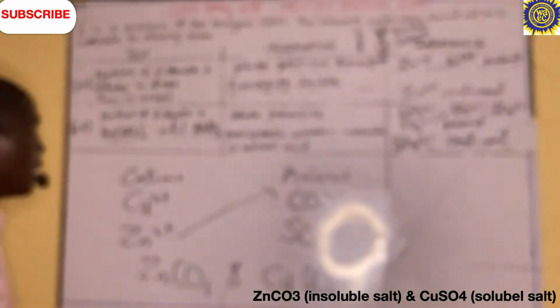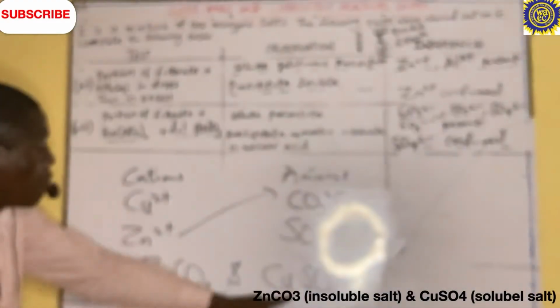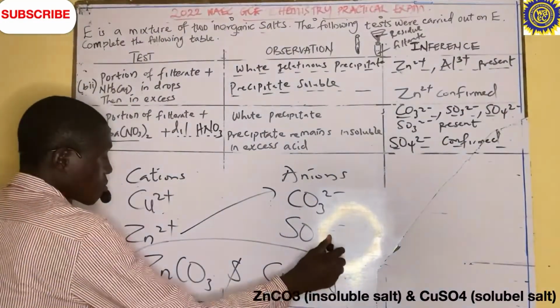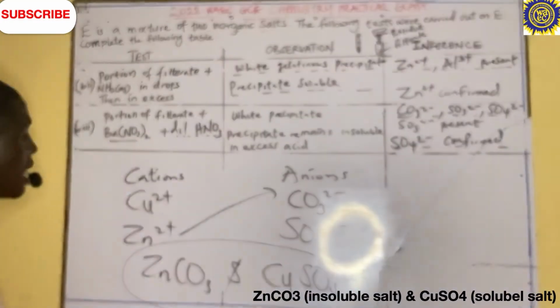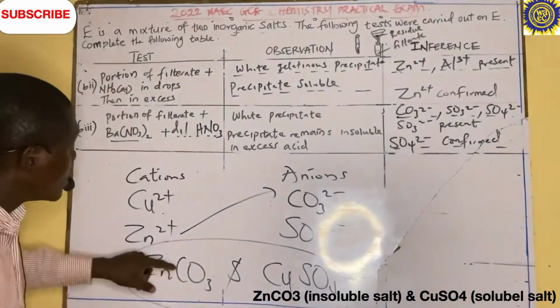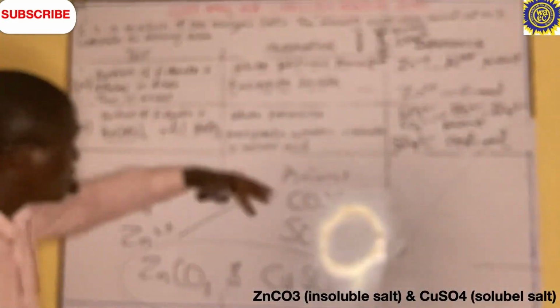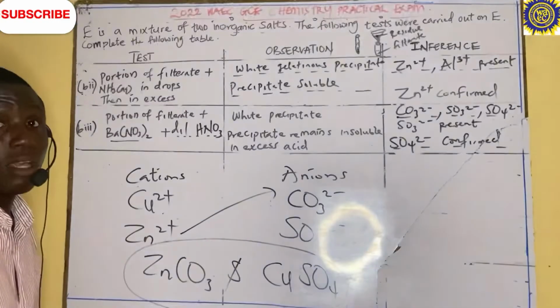These are the likely salts that we might have: a mixture of zinc carbonate and copper sulfate. This is the salt that we can guess from the anions and cations that we obtain from the experiment.